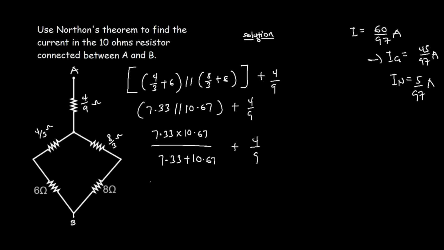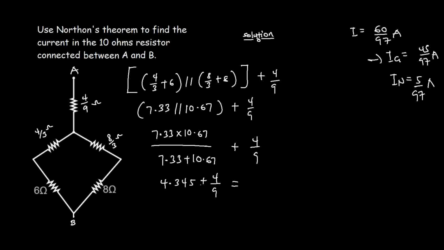That'll give me 4.345. Okay, so I'll have 4.345 plus 4.9. So let's add these two values and see what we get.